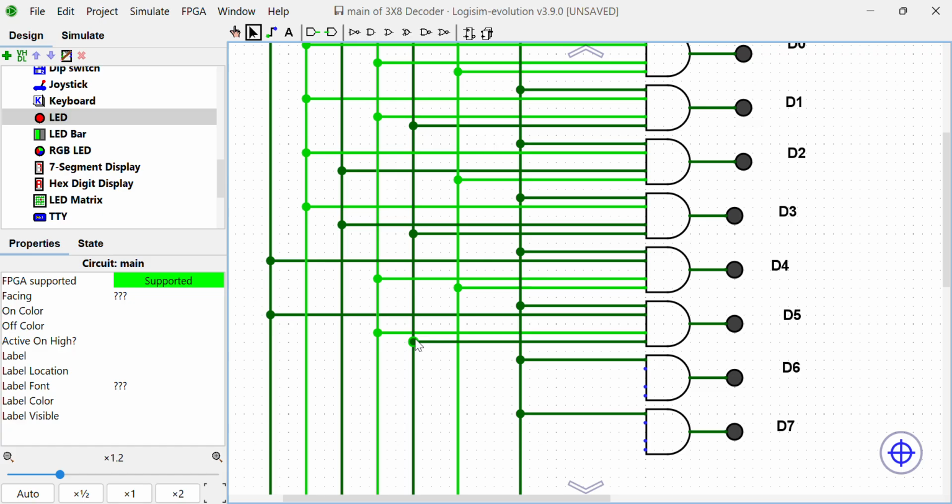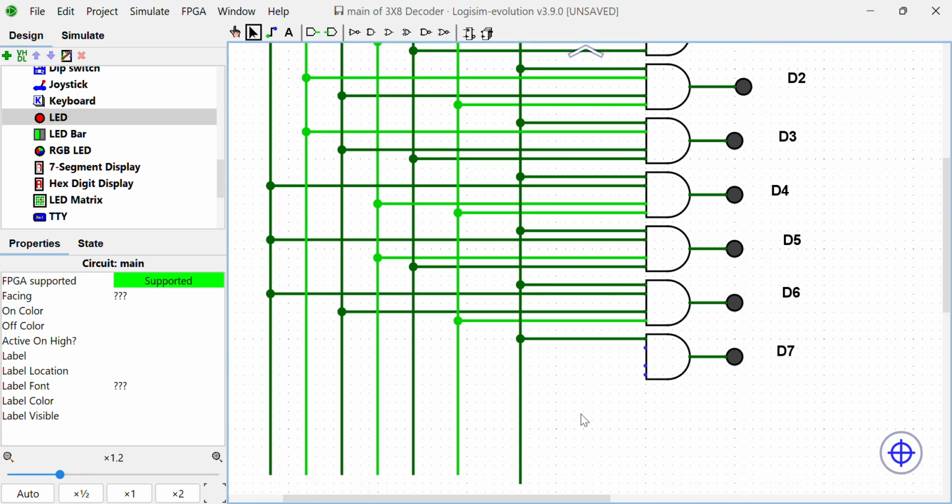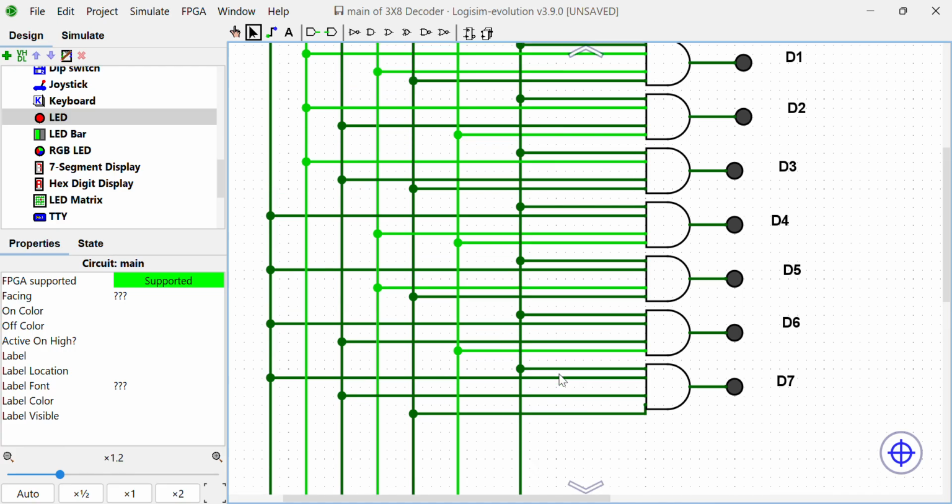And then the D6 we have 1, 1, 0. Then the D7 we have 1, 1, 1.